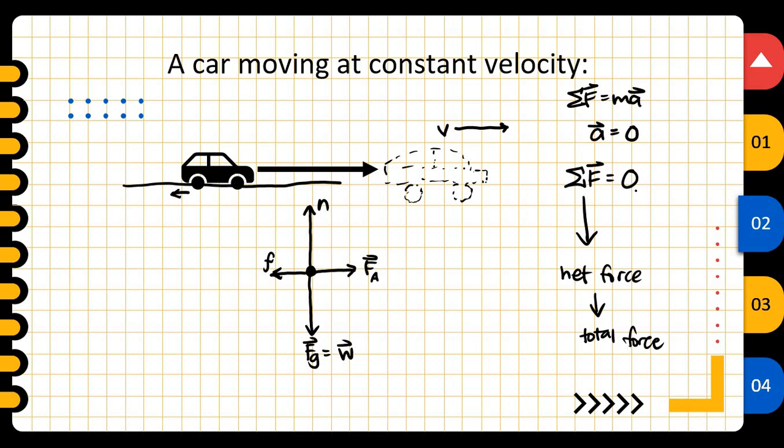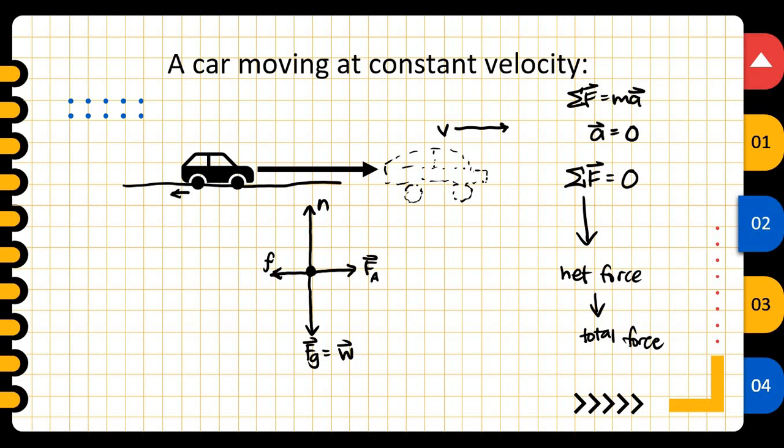And in order to accomplish that, all the forces inside the system should add up to 0. And since the normal force is opposite in direction to the weight of the car, these two are equal and opposite in direction, therefore they cancel each other out. So the applied force magnitude should be equal to the magnitude of the friction force, but they're opposite in direction. That's why the magnitude of the net force will be equal to 0.